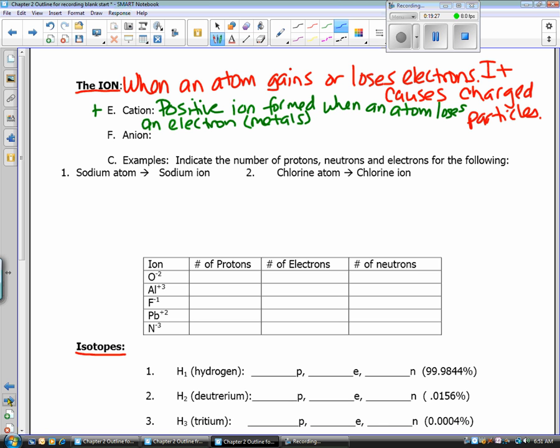So an anion, when you cut up an onion, you cry. It's very sad. It's negative. An anion has a negative charge, so it's a negative ion formed when an atom gains an electron.